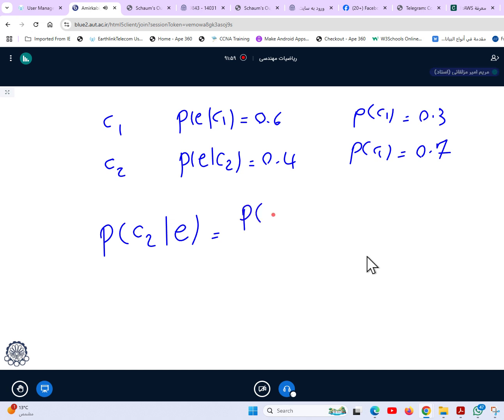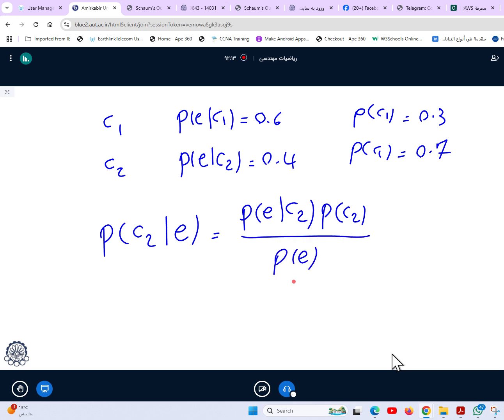So we have the probability of error conditioned on class 2, times the probability of class 2.